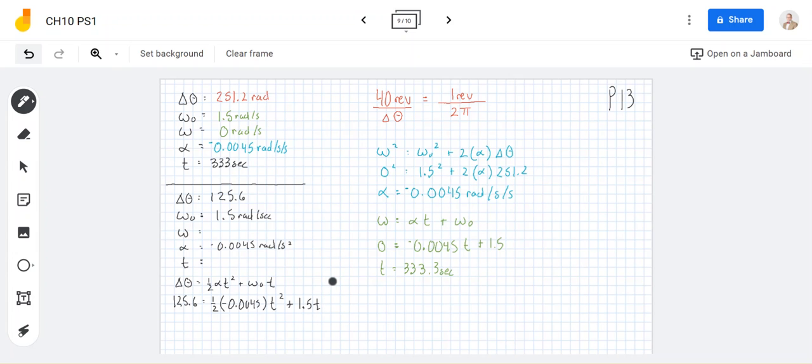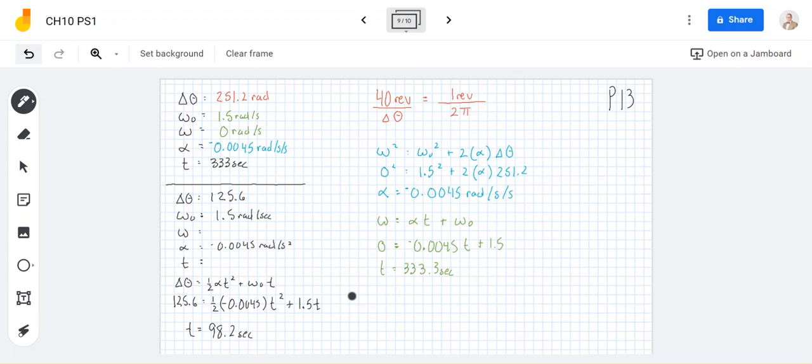And what you're going to notice here is that this is going to be a quadratic equation. So you're going to need a quadratic equation solver. You can obviously use a computer, or you could use your phone or your calculator, whatever you need to do to solve the quadratic, but that's what you need to do here. And I solved and I got 98.2 seconds.